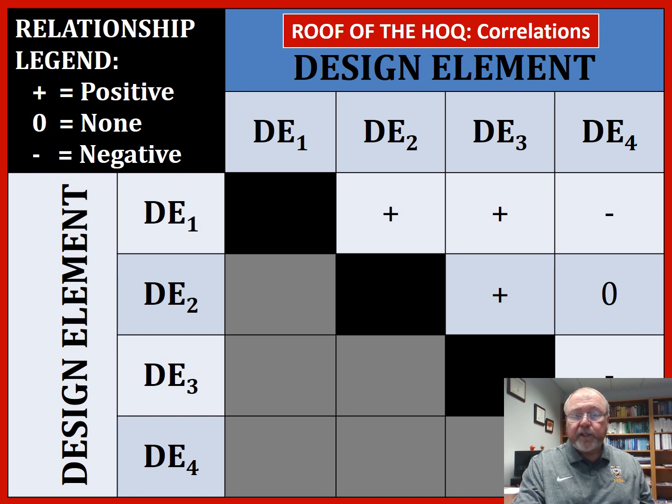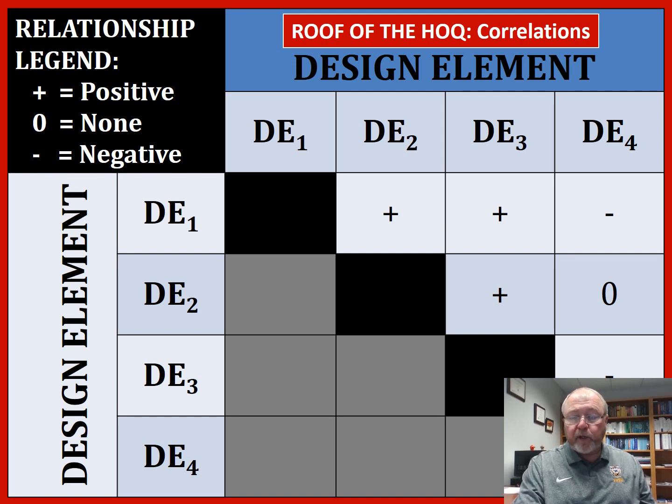Something like what we see here, and again, I'm sorry that part of this matrix is covered up, but what we see is design element 1 is synergistic with design element 2, with design element 3, but in conflict with design element 4. Design element 2, well, it's positively related to 1, positively related to 3, no relationship to 4.